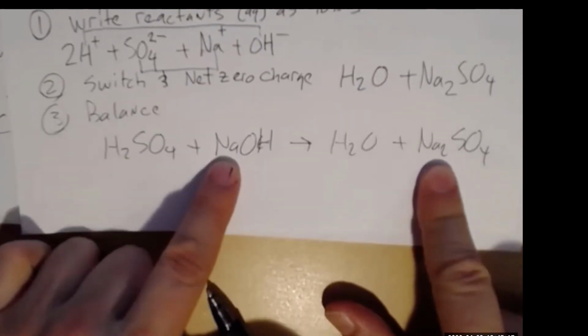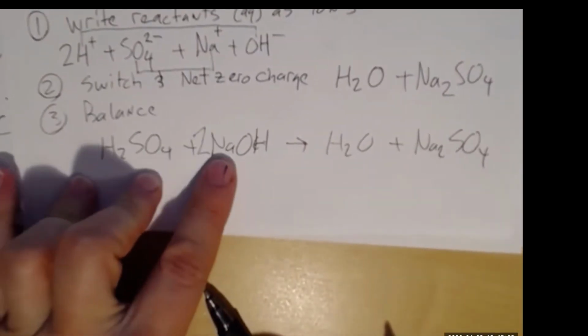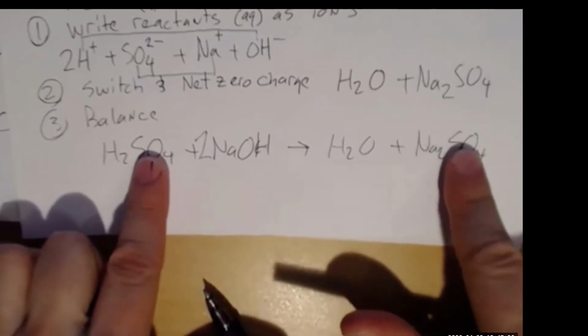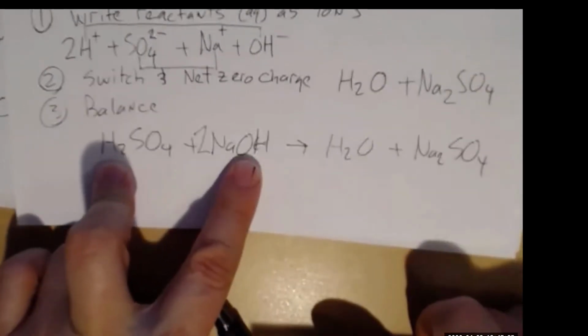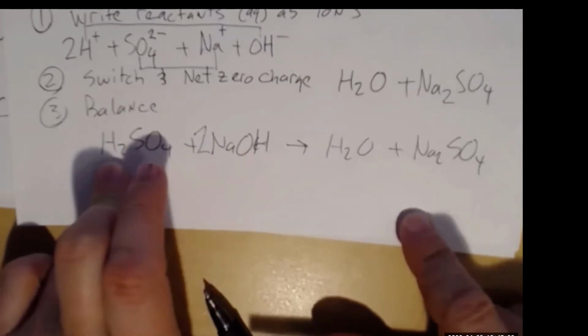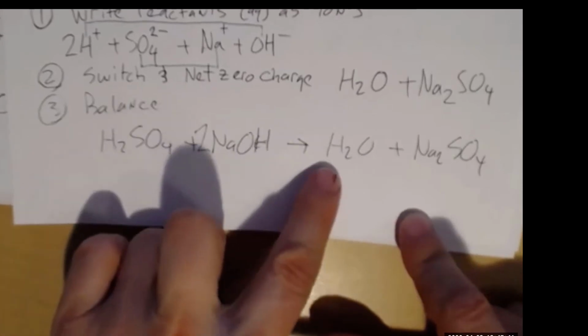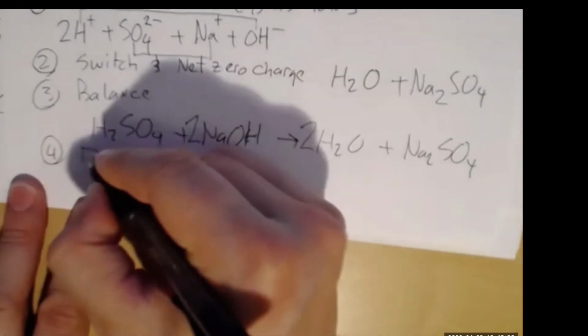I have 2 sodiums there and 1 there, so a 2 in front of the NaOH. And then I get that. So let's see, I still have 1 sulfate on each side. So I'm going to go to the hydrogens. How many hydrogens are on this side? 4. Good. 2 times 1 plus 2 is 4. And over here I only have 2, so I'm going to put a 2 in front of H2O.